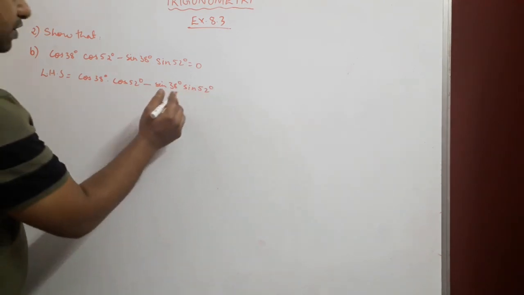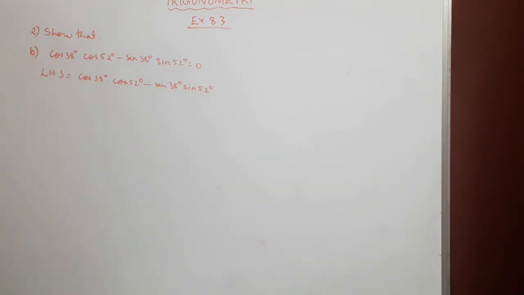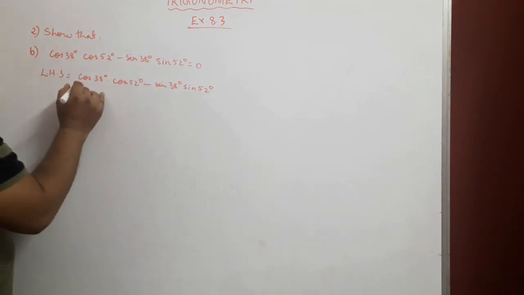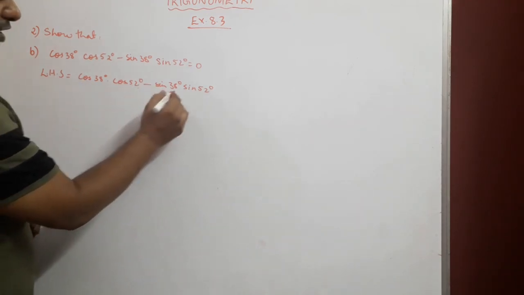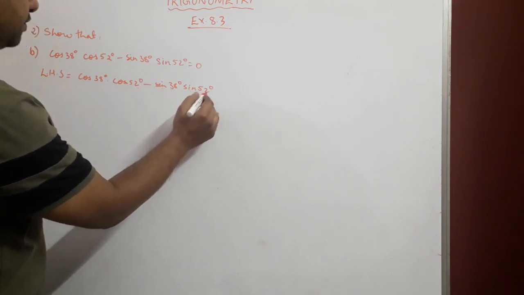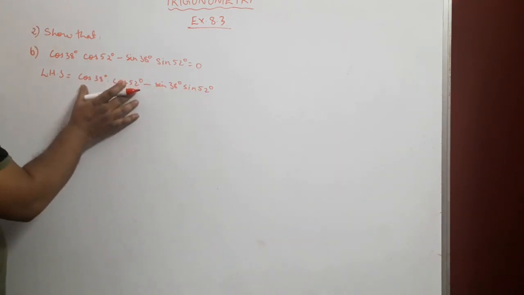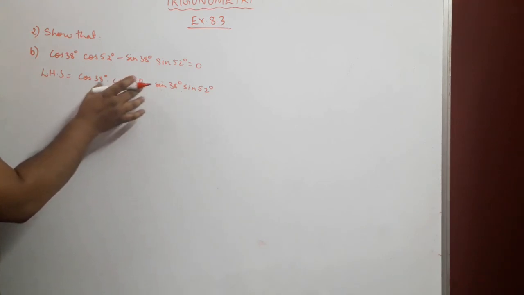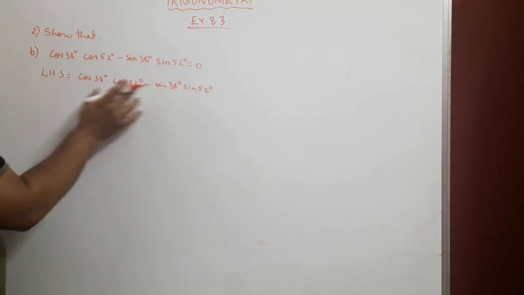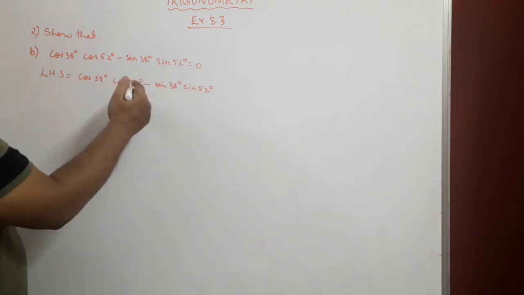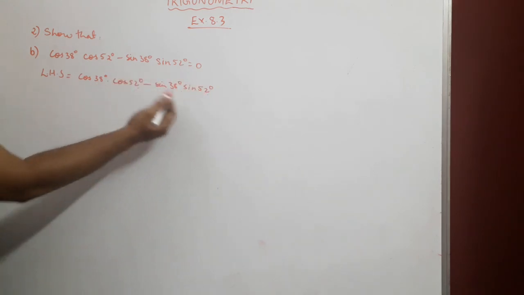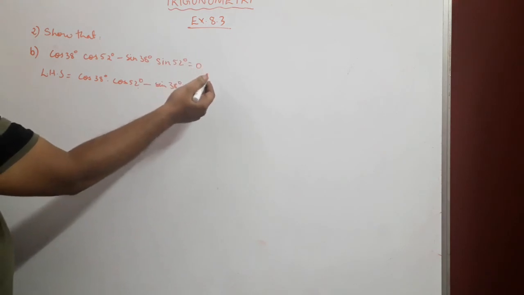Okay, now if you carefully have a look at both these terms, cos 38 and cos 52 degrees and sin 38 and 52 degrees, we can convert them into something similar so that we can cancel out, because we need these two terms to cancel out to give us 0.